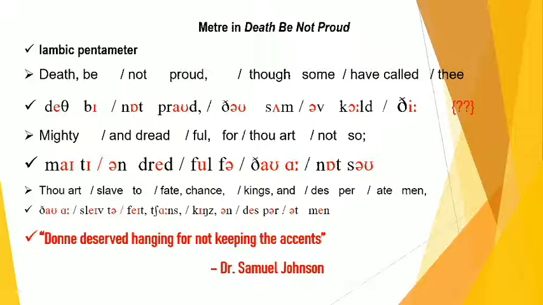He does not follow the pattern of iambic pentameter continuously in a poem, and critics have disliked it very much. There is one critic, Dr. Samuel Johnson, who analyzed Shakespeare thoroughly, and he also analyzed John Donne. What he has said is very important to pronounce here: Donne deserved hanging for not keeping the accents.